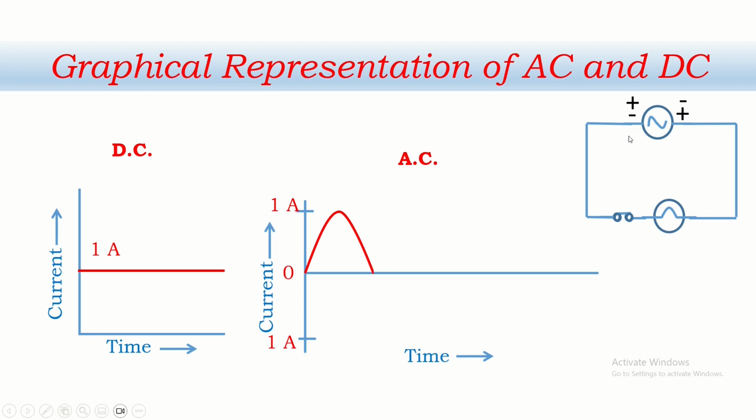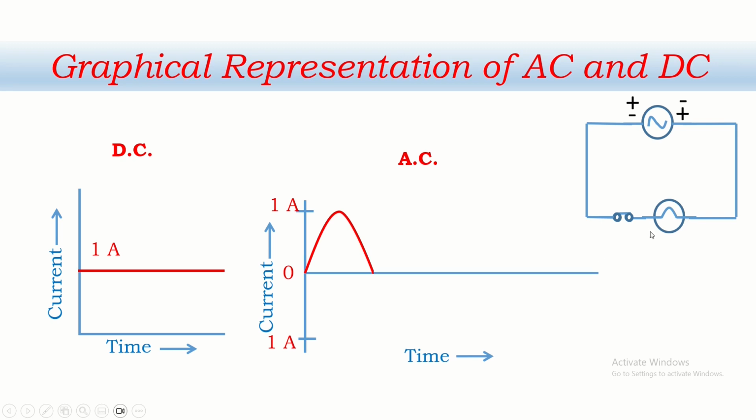But within a fraction of a second, this negative terminal becomes positive and the positive terminal becomes negative. Now current flows from this positive terminal to negative, just opposite of the previous. When current enters the bulb, what happens? The value of current which enters the bulb keeps on increasing: 0.1, 0.2, 0.3, 0.4 ampere.